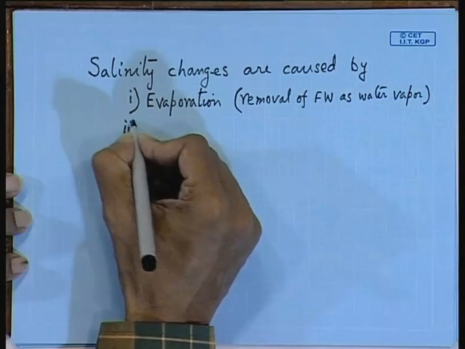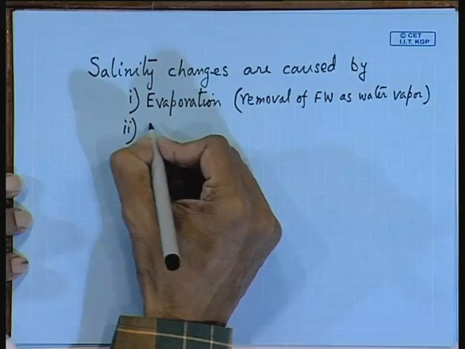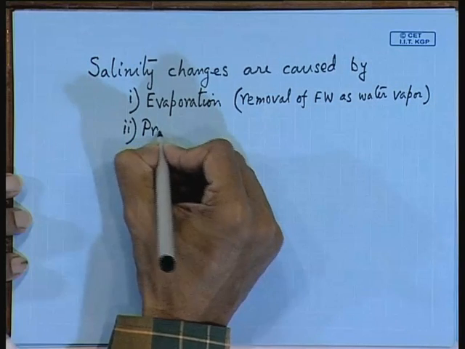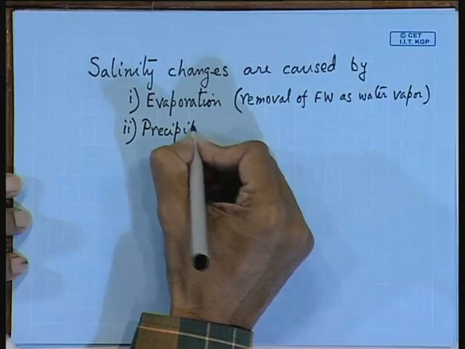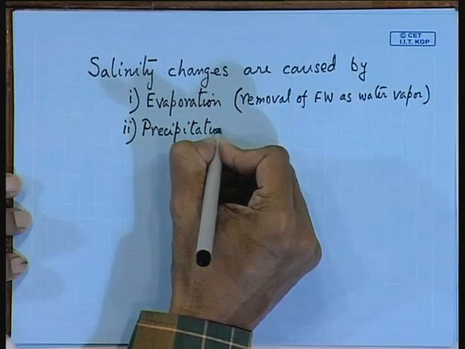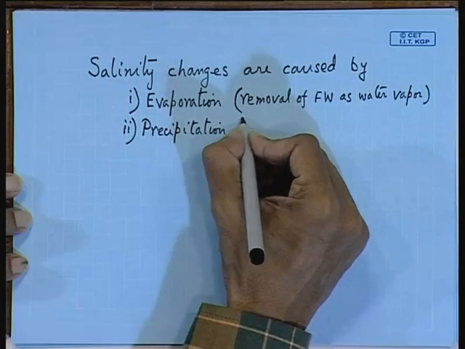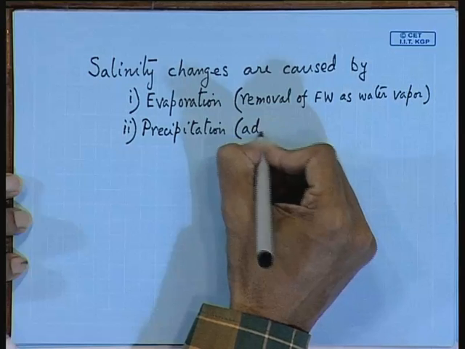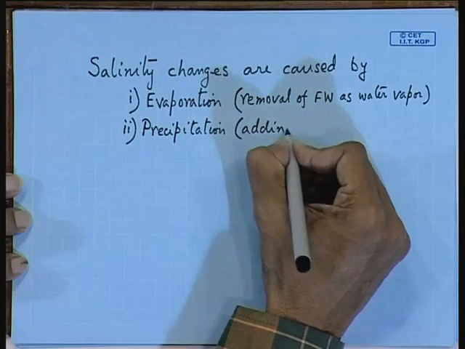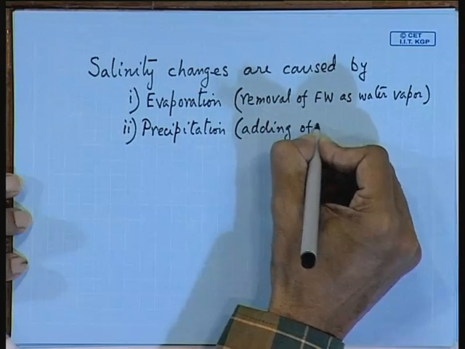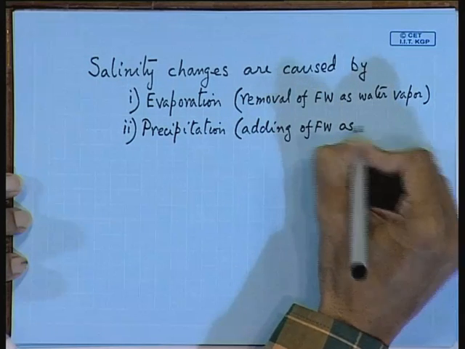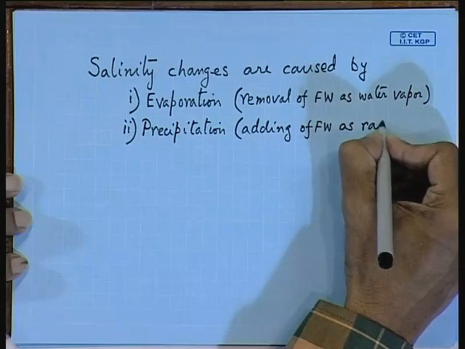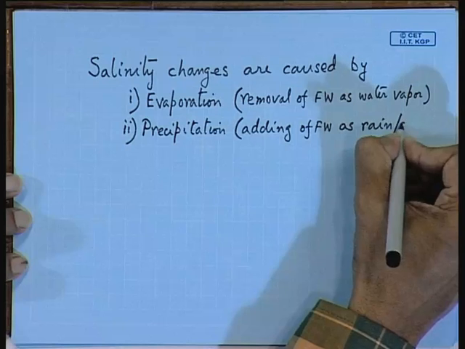Number two is precipitation. So, this is the process of adding fresh water, or adding of fresh water as what? As rain, snow.